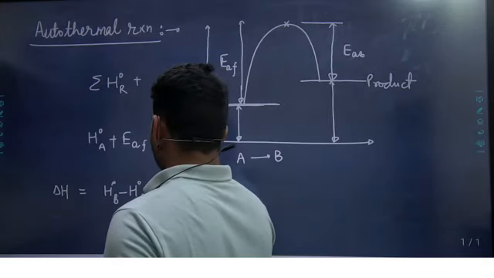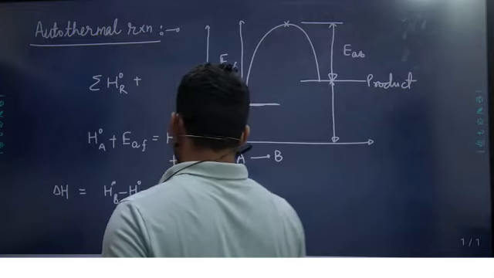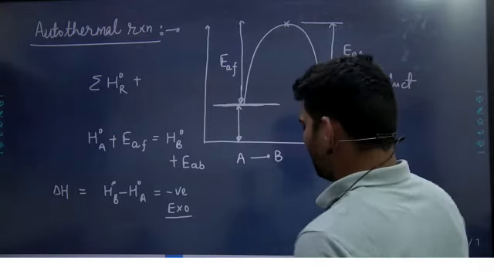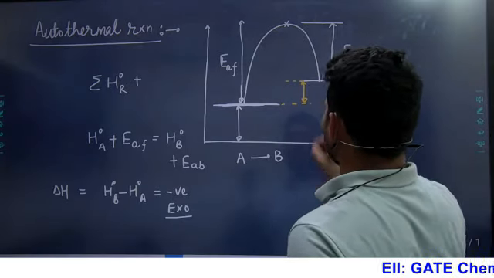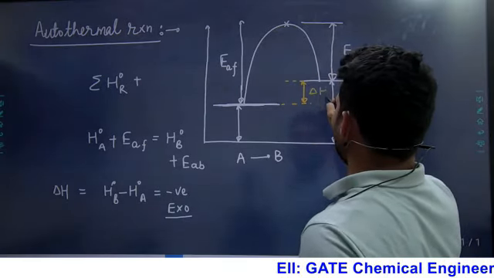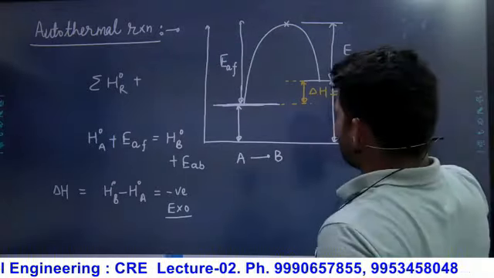If it is negative, then the reaction will be exothermic. This much amount of energy will be liberated, that is delta H, if in this case it is negative. But try to understand for this case.